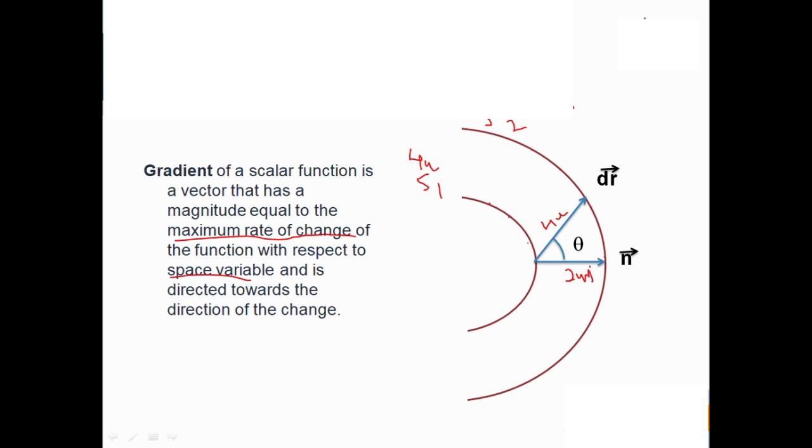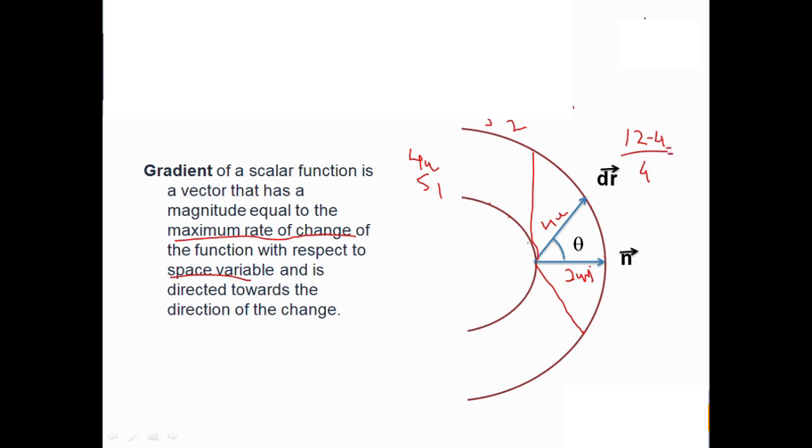So you see that you can go from level surface 1 to level surface 2 along these two paths, and you can take any path. It could be this path, you could take any path. If you find the rate of change along this path, let's say this is 4 units, then delta y, the change in the value, is 12 minus 4, because on surface 1 it is 12 and on surface 2 it's 4, over 4 units.